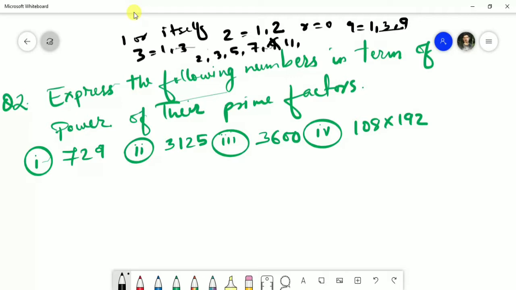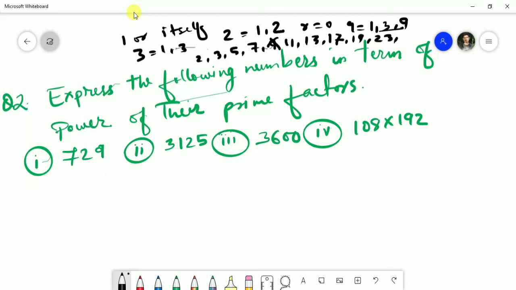So 11. Next is 13. 15 is not, remember 15 is in the 3 table and the 5 table also. So we can say 17, 19. 21 is not, because 21 comes in the 3 table. Yes, of course 23. You have to find those numbers which are prime numbers, or in short, those numbers which are not available in other tables except 1 and their own table.